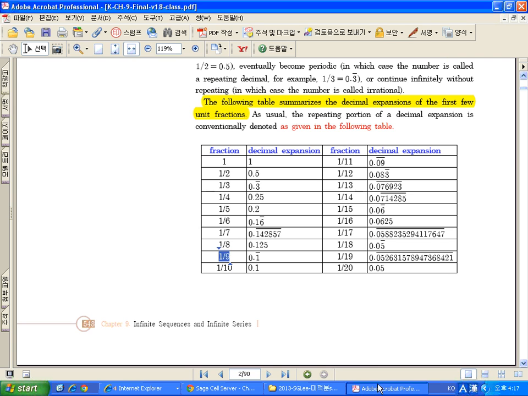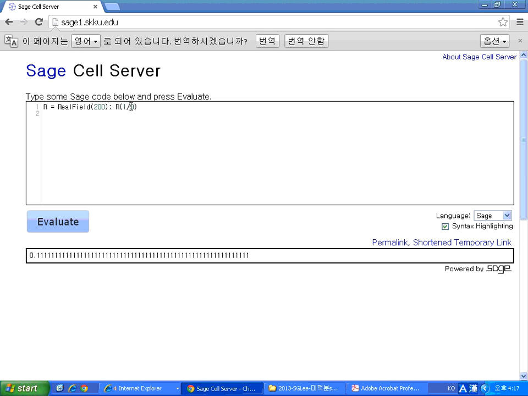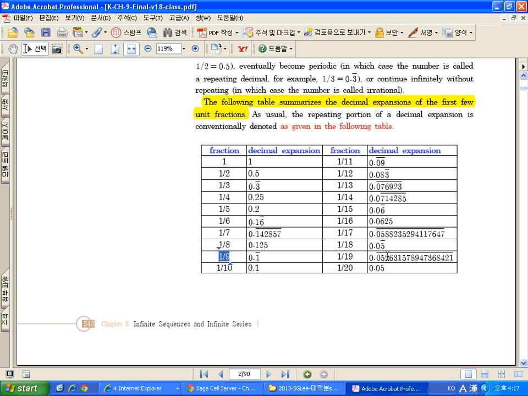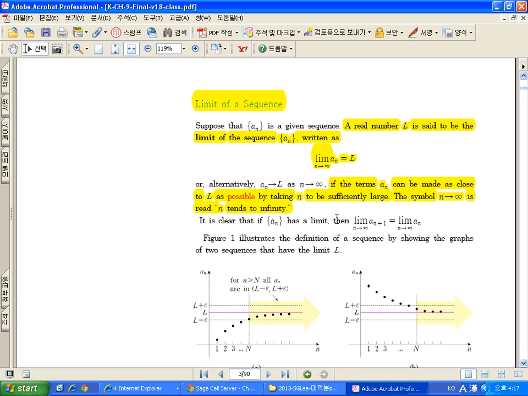Then 1 over 19, then we have 1 over 19. Then we can see there is a repeating cycle of digits. In that case, we write it in this way. Okay, with this information, at least you can list up the numbers in decimal form to compare with the others.